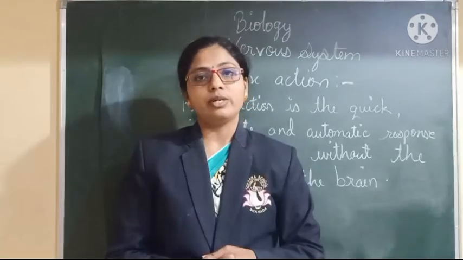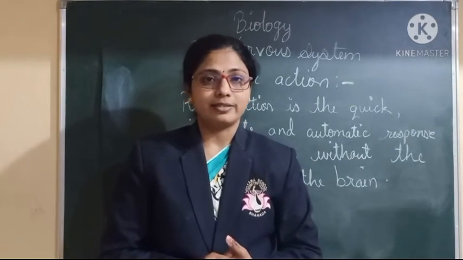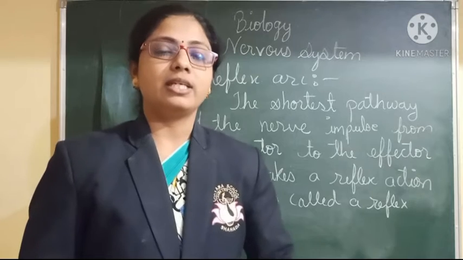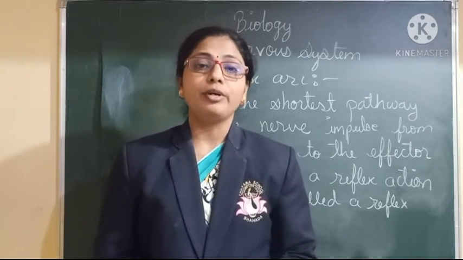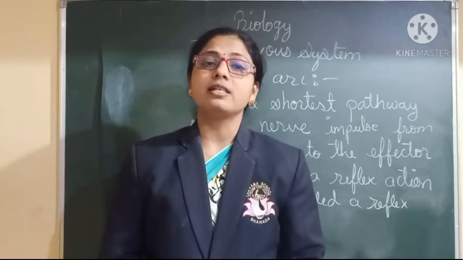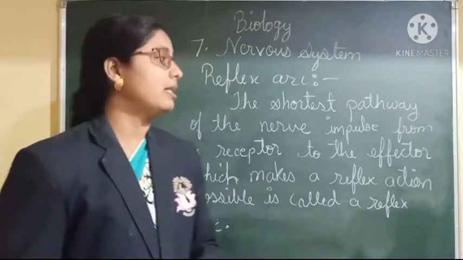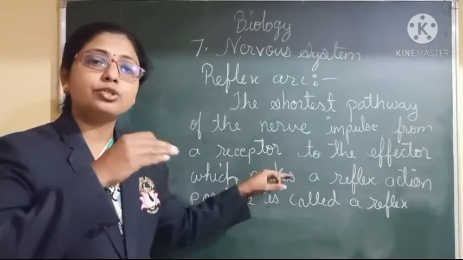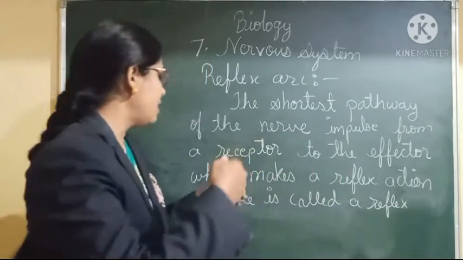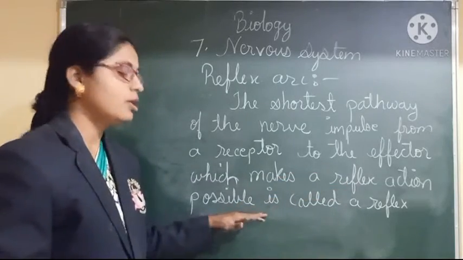Now, next we are going to see the reflex arc. What do you understand by reflex arc? It is the shortest pathway of the nerve impulse from the receptor to the effector, which makes a reflex action possible.